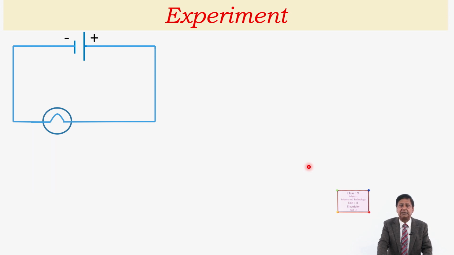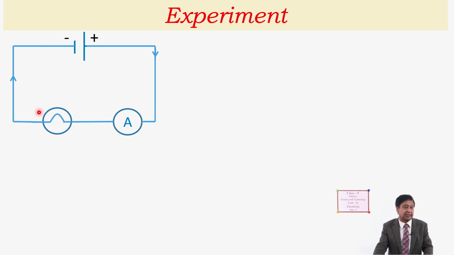Now after connecting this, what happens? Current flows from the positive terminal to the negative terminal. We know this. Now if an ammeter is used in the circuit, it is connected in series, because the current which flows through this bulb is also flowing through this ammeter.